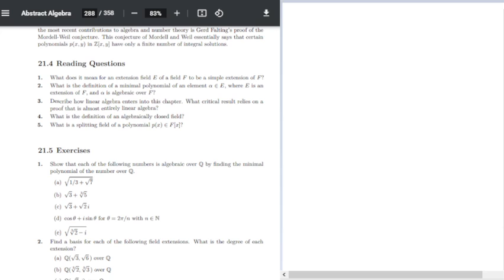I don't know if I necessarily want to do the problems, considering my throat is having a bit of a time.